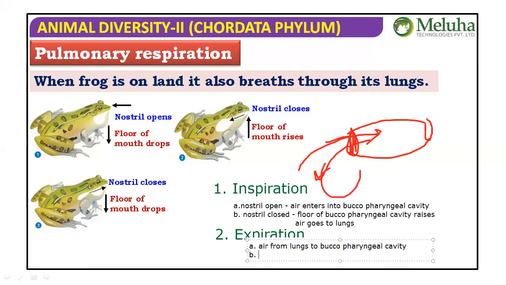Now the glottis is closed. Again the buccopharyngeal cavity is raised, and that makes the air go out through the nostril. This happens when the floor of the mouth drops down.